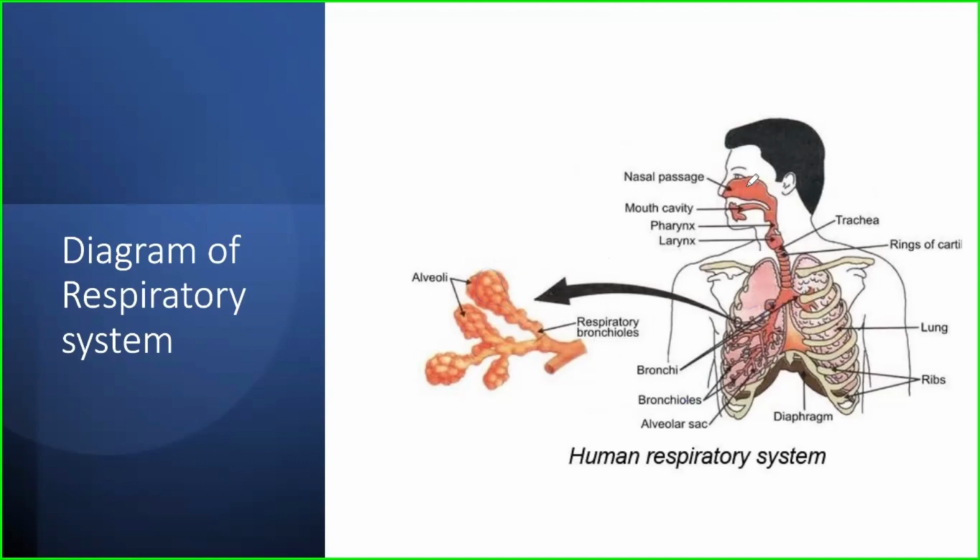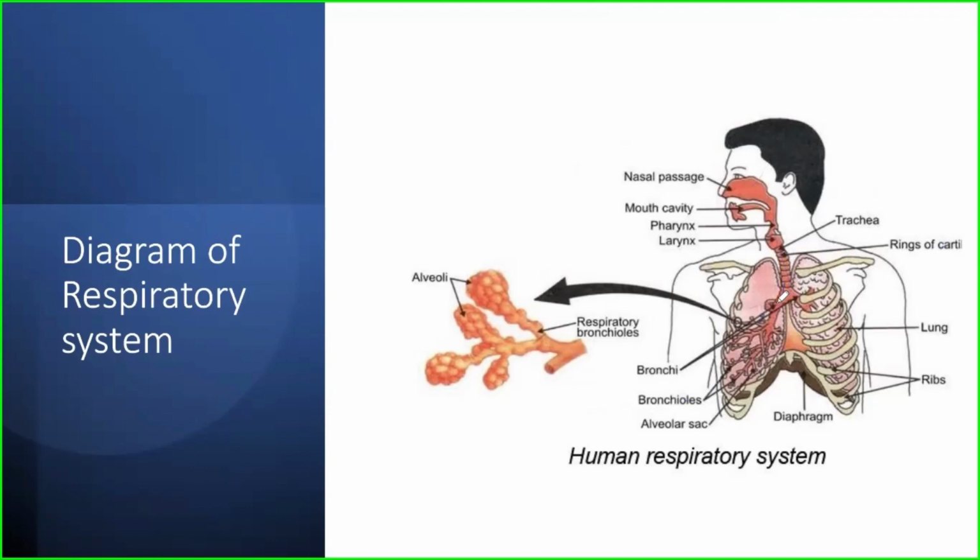In the nasal cavity, hair and mucus are present that filter the air, and the temperature of the air is also regulated to the human body temperature in the nasal cavity. Then air passes to the pharynx, larynx, and trachea. The trachea is surrounded by rings of cartilage, and the rings of cartilage prevent the collapse of the trachea.